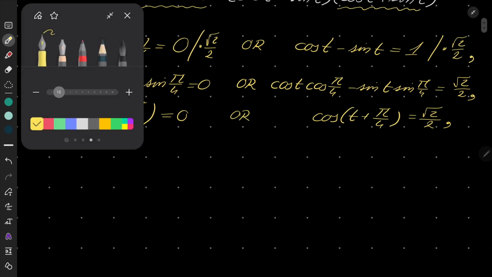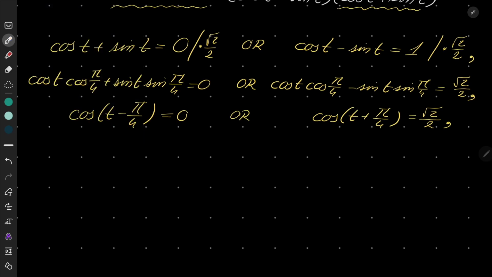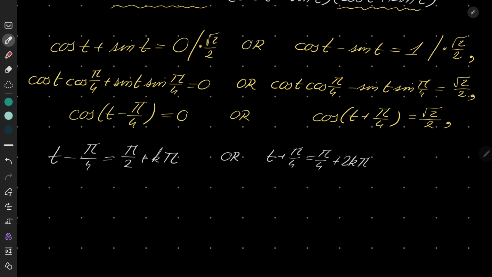Now, when does cosine attain the value of 0? It happens if and only if its argument is π/2 + kπ. And when does cosine attain the value of √2/2? It attains it at π/4 + 2kπ.